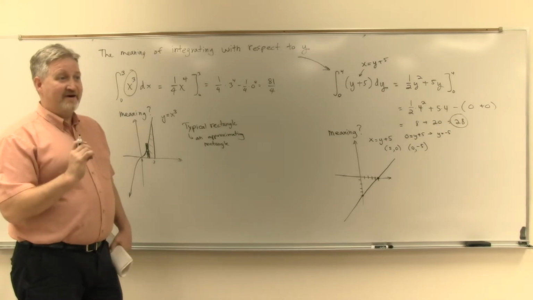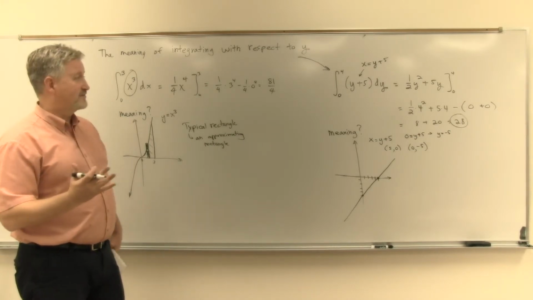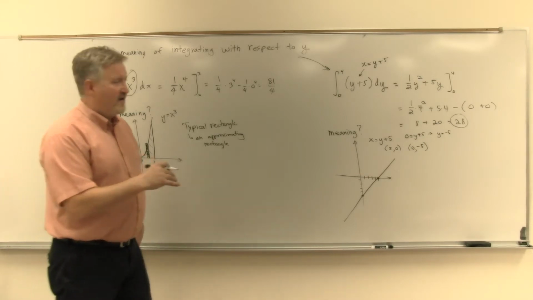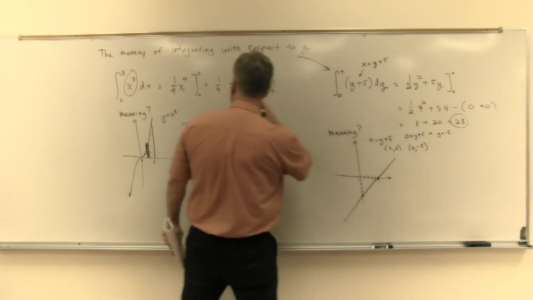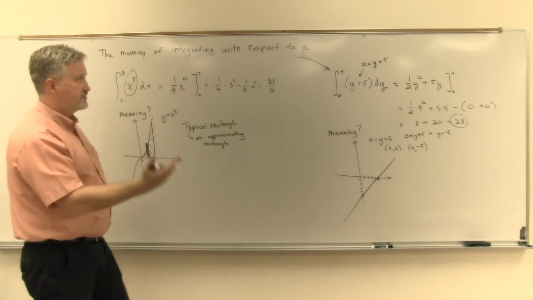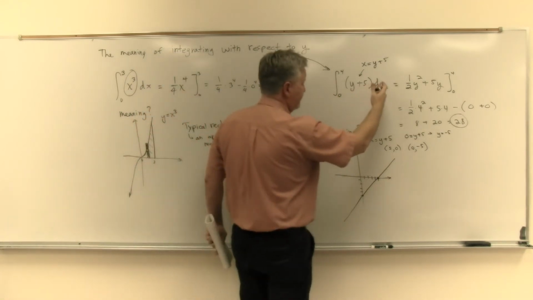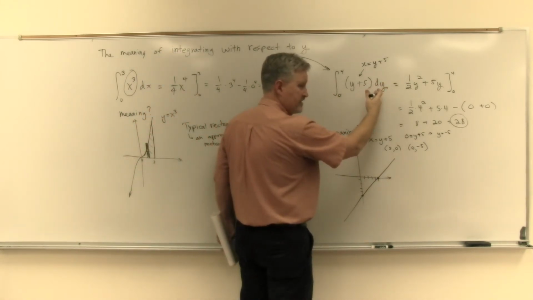But no longer are we talking about between the curve and the x-axis, for various reasons. If you break it down here, remember the dx and delta x, those are the same. So here we're talking about not a delta x, we're talking about a delta y, change in y.